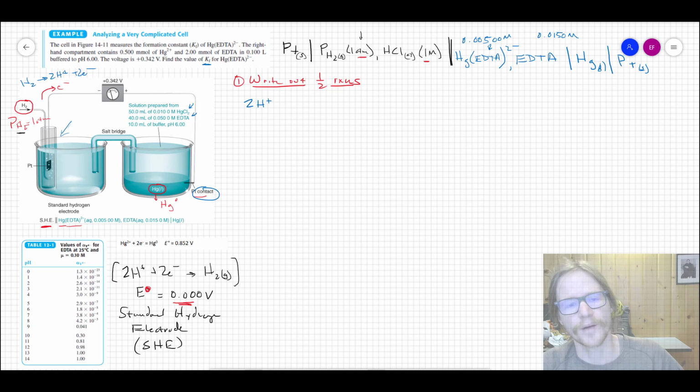Even though we know that, I'm going to write it out just because that allows us to look up our standard reduction potential. So we've got 2 protons plus 2 electrons makes H2. It's not the direction that it's actually occurring, but that's okay. We're just going to start there. What do we have in the other cell?